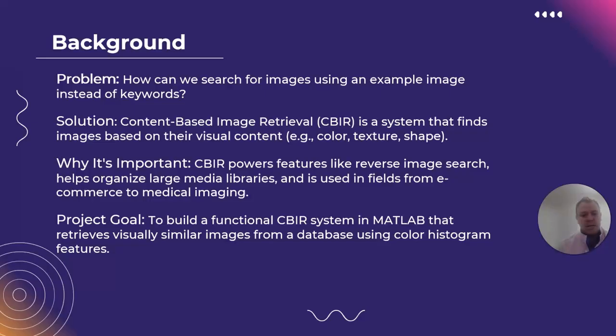It's important because it features things like reverse image search, it helps organize large media libraries, and it's used in the fields of e-commerce and medical imaging. But it's also important because it bridges the gap between human language and visual context for being able to search, and it's a really important tool in that regard.